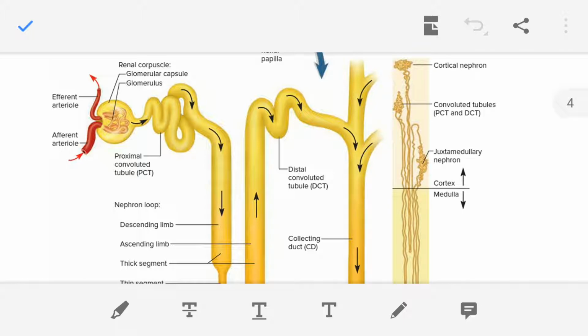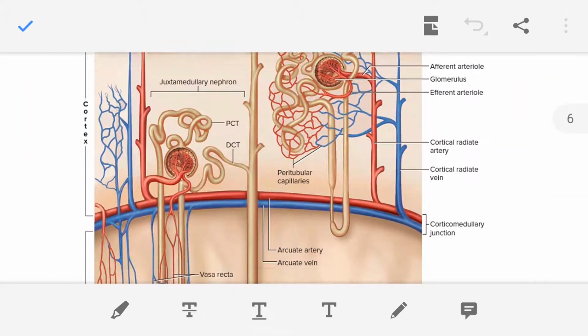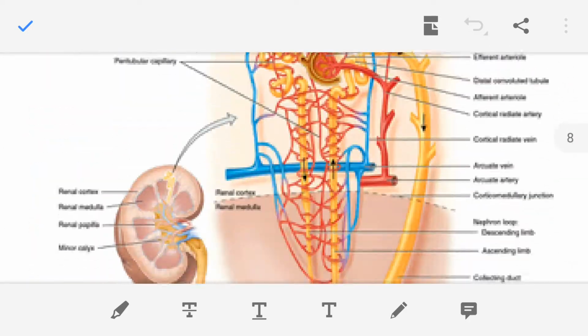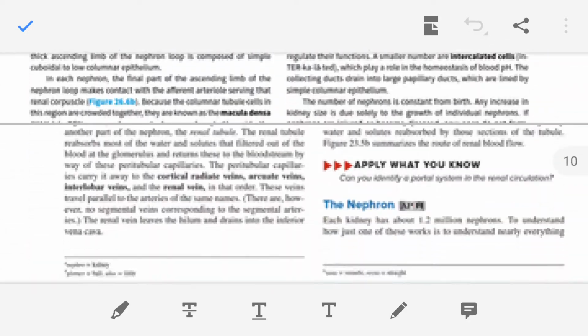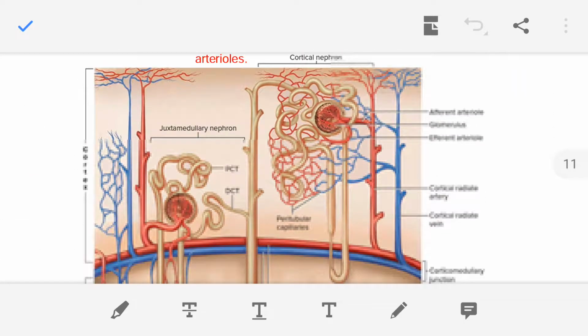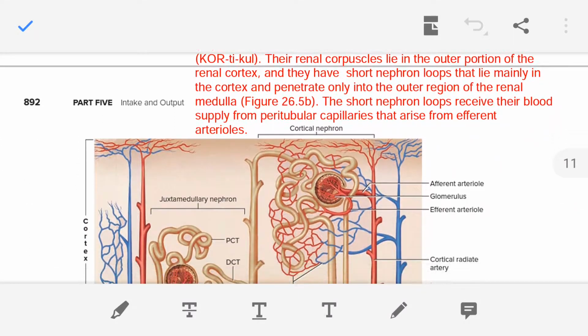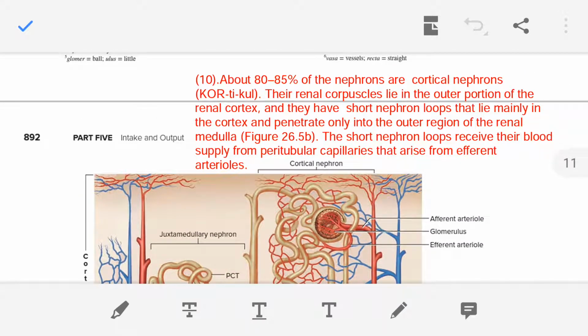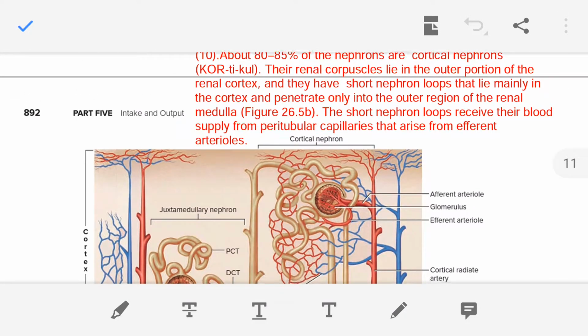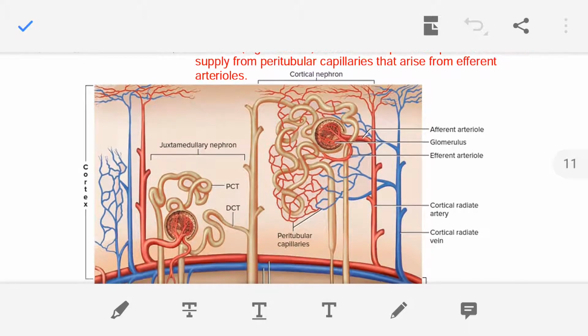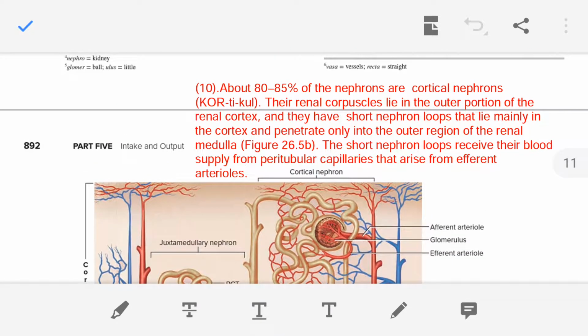Now we are discussing the 10th point. Here in the kidney, as we can see in the figure, there are two types of nephron.